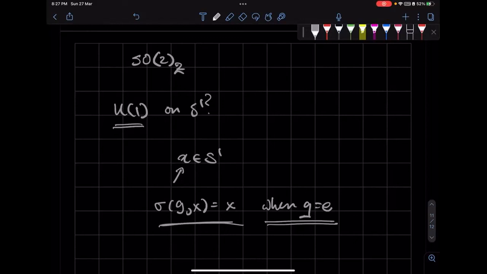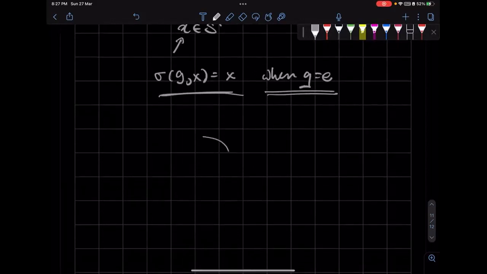So yeah, this is a bit confusing. So we have a manifold and we have some group action which takes us from one point to another, right?